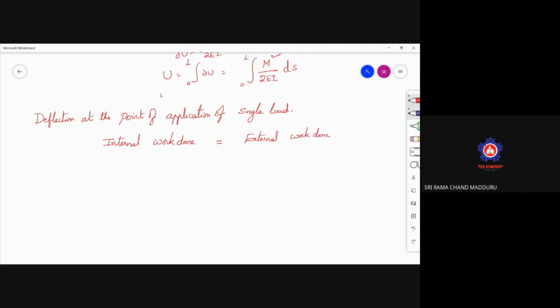So internal work done is nothing but strain energy, which is equal to external work done, half into the load, I am considering it as W, and the deflection as delta of W. So delta is nothing but 2U by W. This is the formula to calculate the deflection at the point of application of single load.